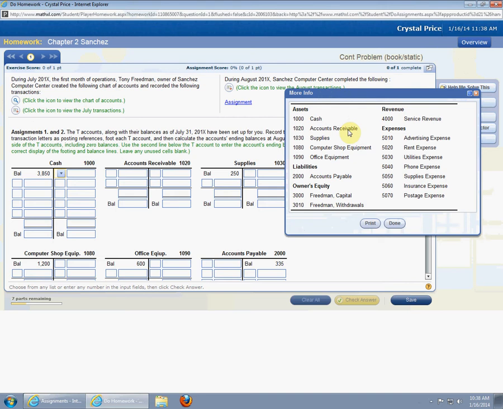To increase any of these accounts, you increase it on the debit side. So I use the arrow or plus sign, whichever is best for you. And to decrease it, we use the credit side.